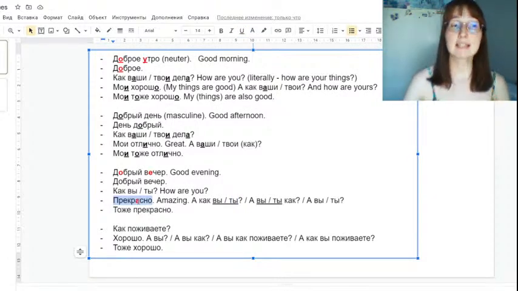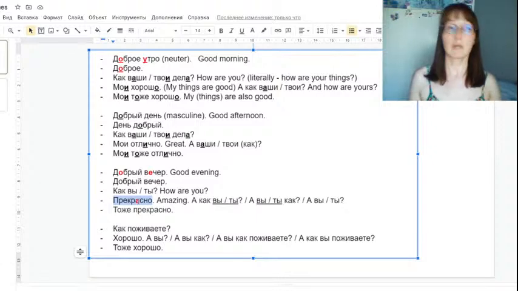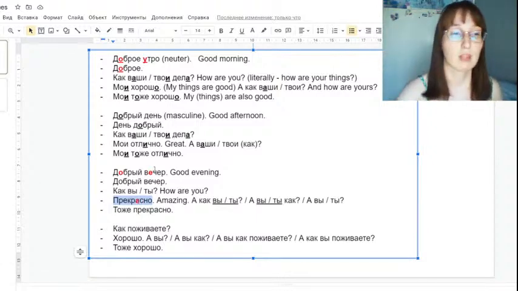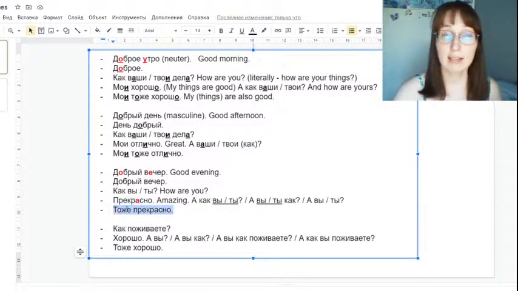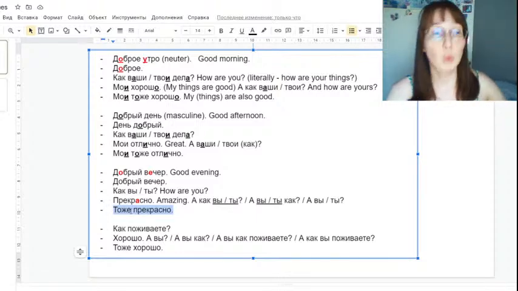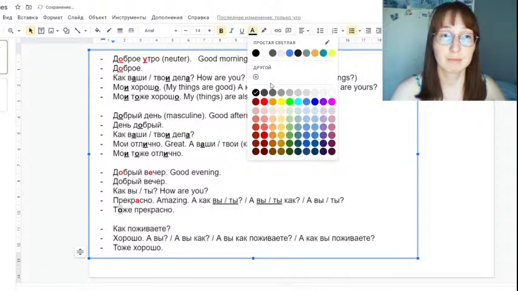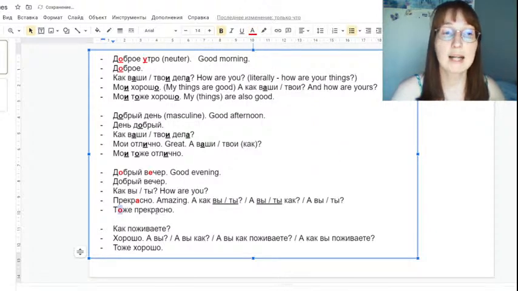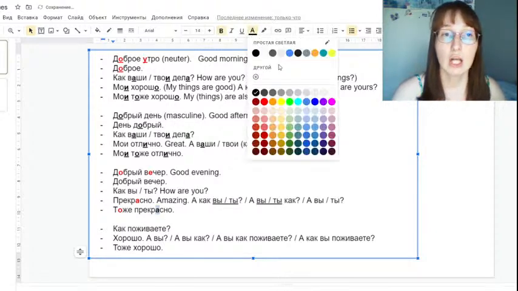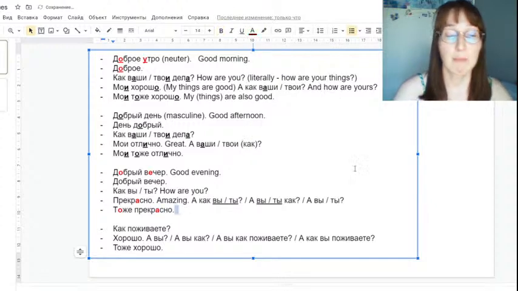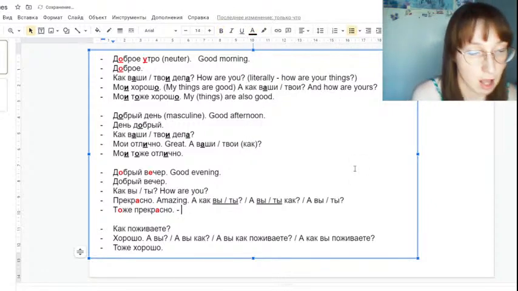And since the answer was прекрасно, this answer is тоже прекрасно.